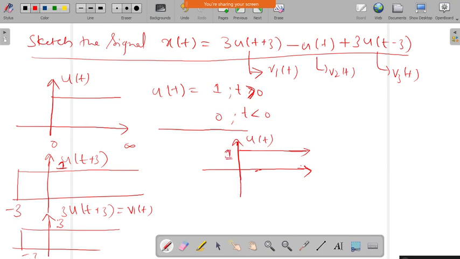This is 1; if I multiply by minus, you get this, which is minus 1. So this is your v2 of t, which is nothing but minus u of t.